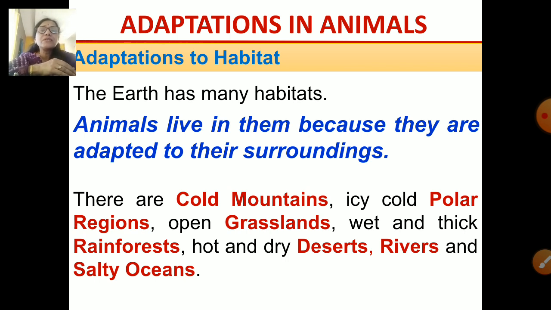They are adapted to do so. They are adapted to survive in that kind of surrounding, that kind of habitat, you can say. Okay, so different types of habitat includes cold mountains, polar regions, grasslands, deserts, rivers, right, etc.